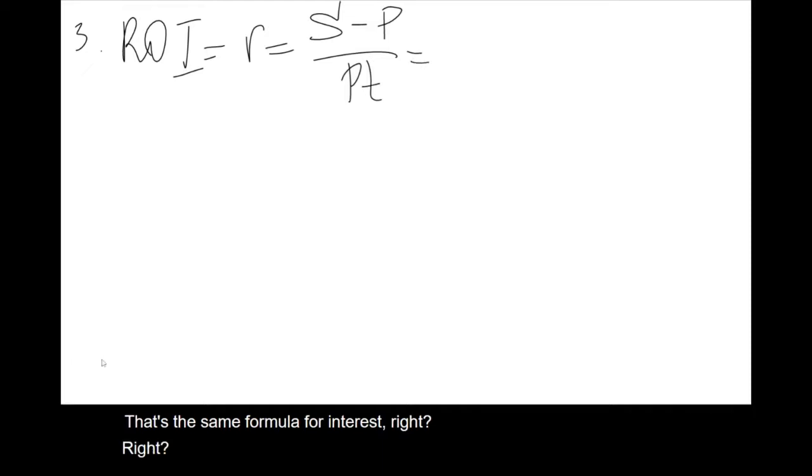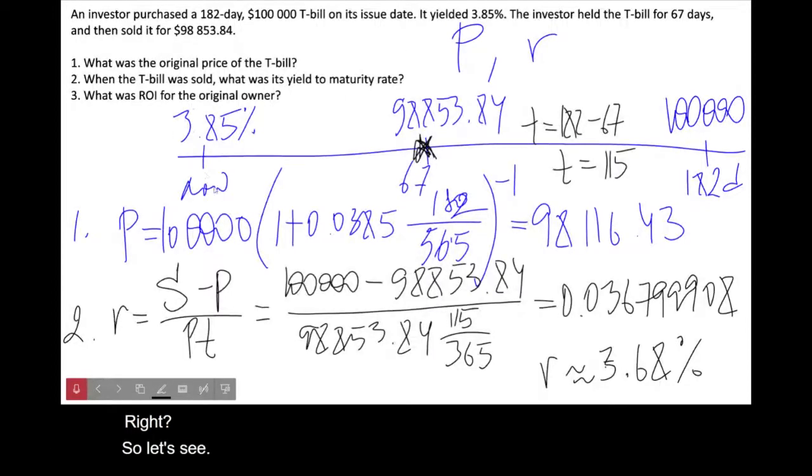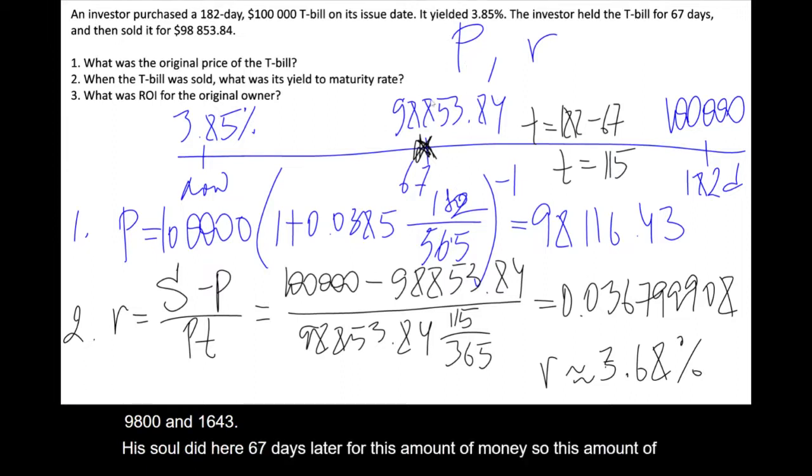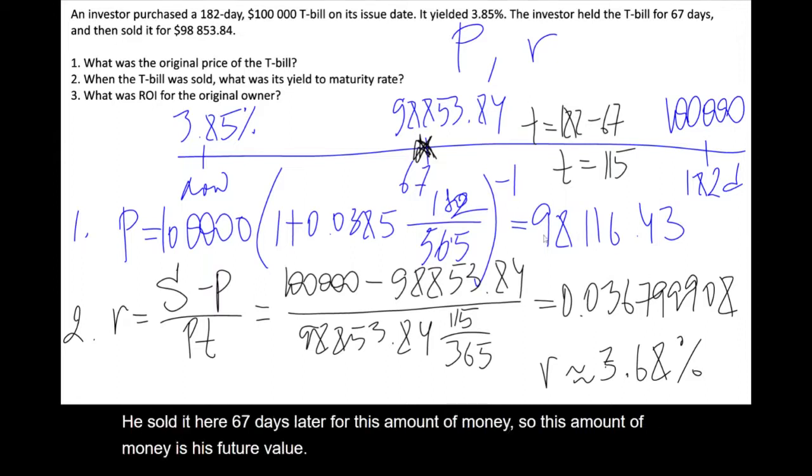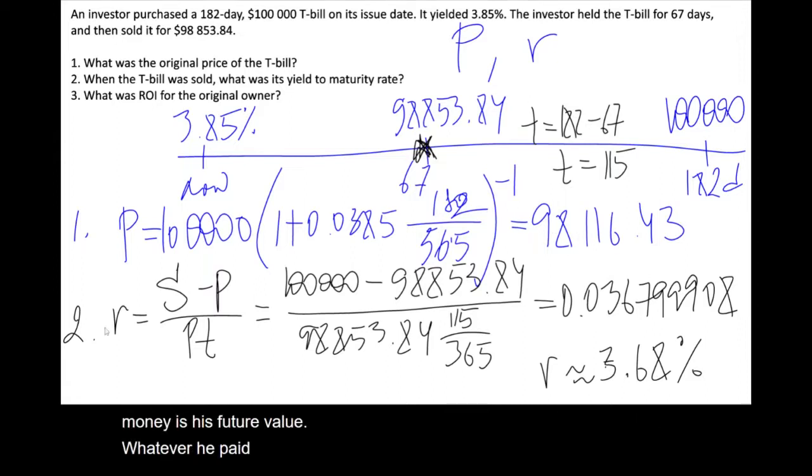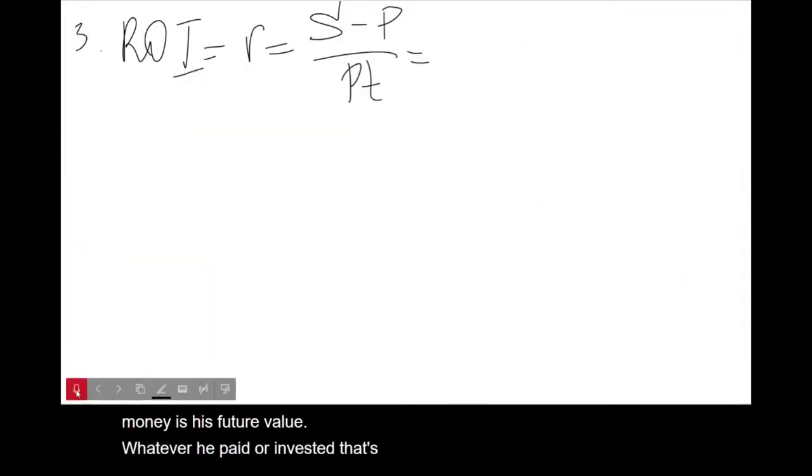He invested here, paying 9,816.43. He sold it here 67 days later for this amount of money. So this amount is his future value. Whatever he paid or invested is the present value, and time is 67 days.